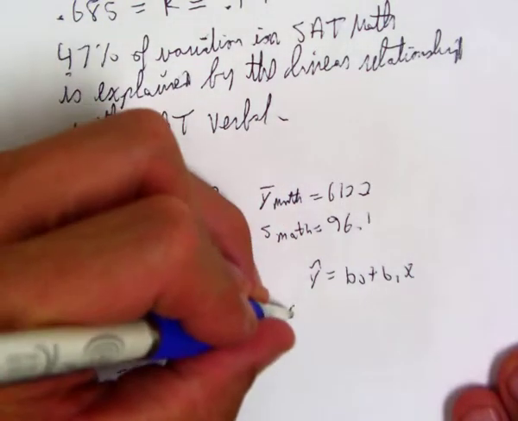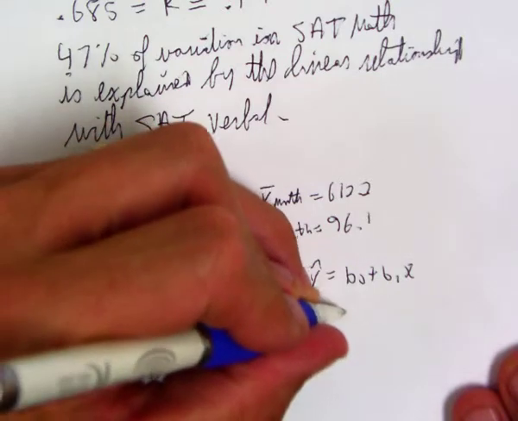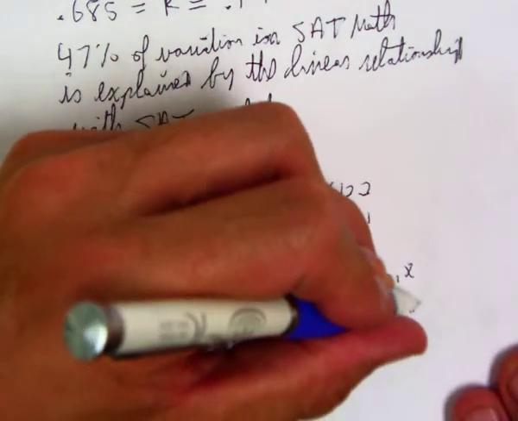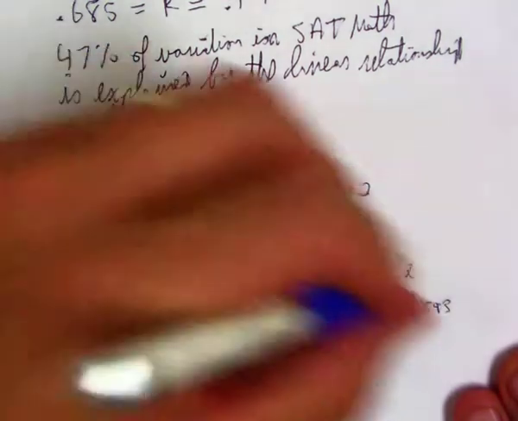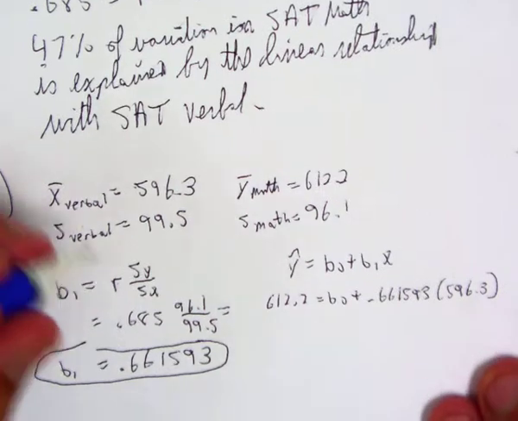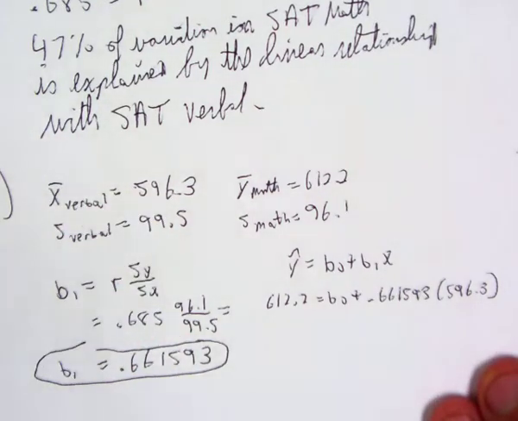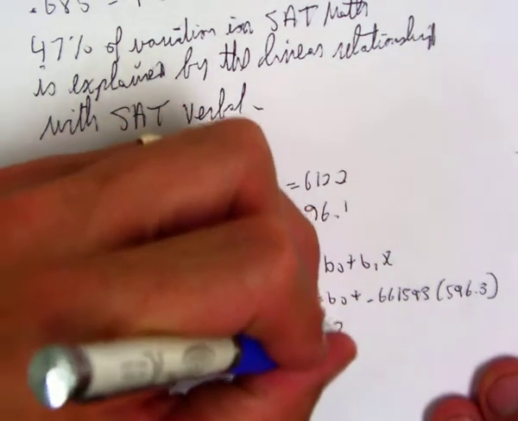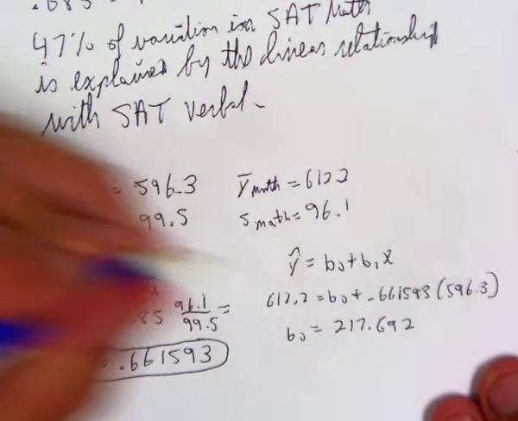So I'm going to put the 612.2 in. b sub 1 is 0.661593. The x is 596.3. So if you do this out, you're going to get b sub 0 is about 217.692.